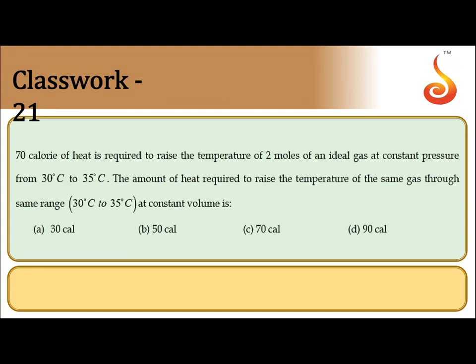70 calorie of heat is required to raise the temperature of 2 moles of ideal gas at constant pressure from 30 to 35 degree Celsius. The amount of heat required to raise the temperature of the same gas through same range at constant volume is. So, initially it is heated at constant pressure.